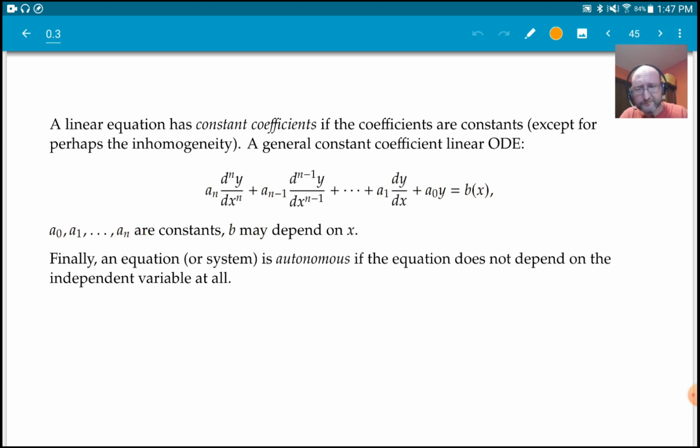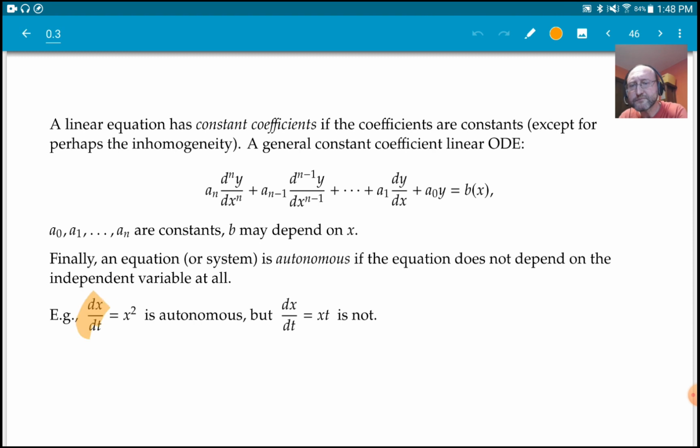Now, finally, another word that we use, in some sense a simpler class of equations, is if the equation or system is autonomous. What we mean by autonomous is that the equation, all the coefficients, and this could even be for a nonlinear equation, does not depend on the independent variable. We can differentiate in the independent variable, but it's not supposed to appear in the equation in any other way.